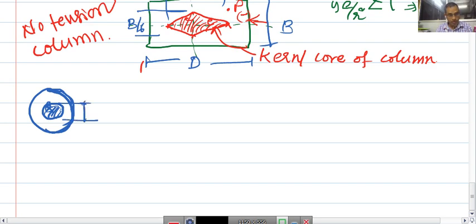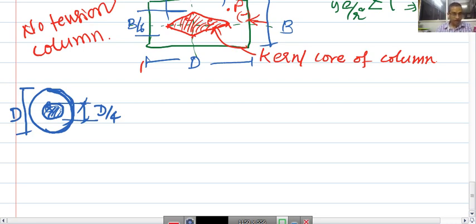So this distance we call capital D by 4. If the solid column has diameter D, the kern diameter will be D by 4.